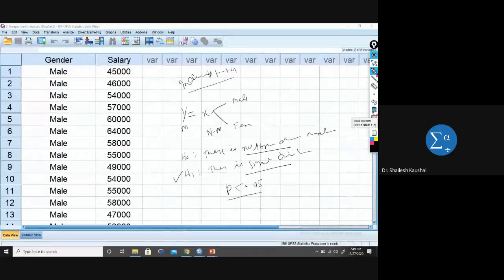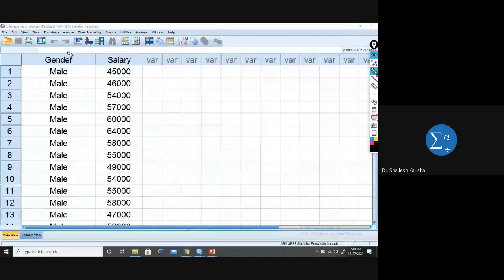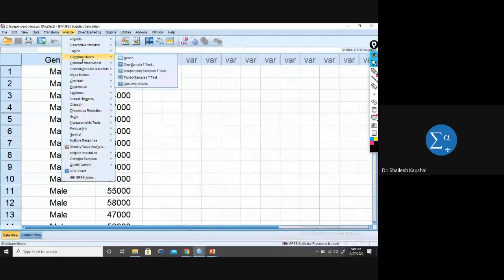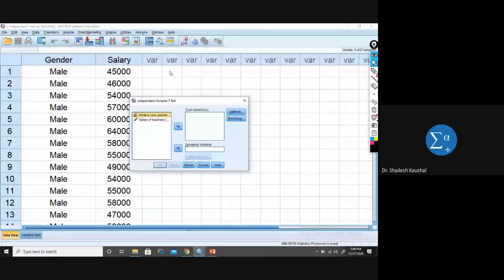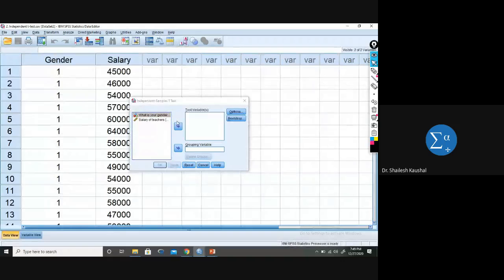So we perform it through decay. Now analyze and compare means, this is the independent sample t-test. What is your gender? There are two categories.